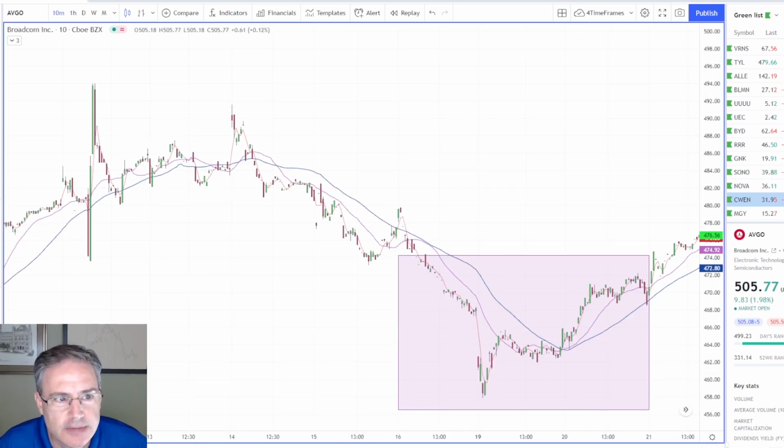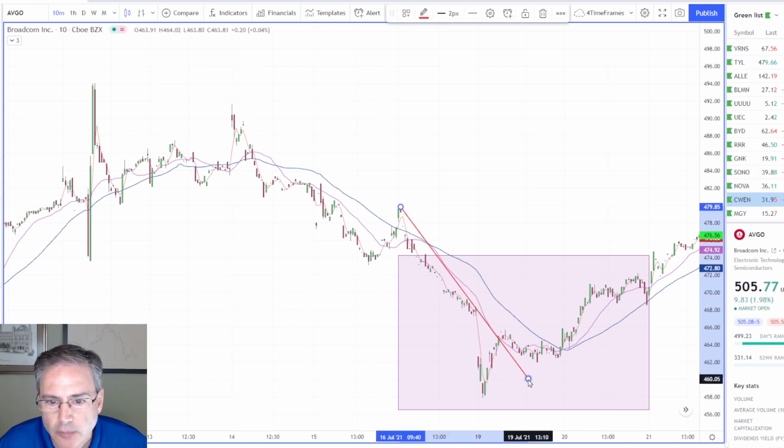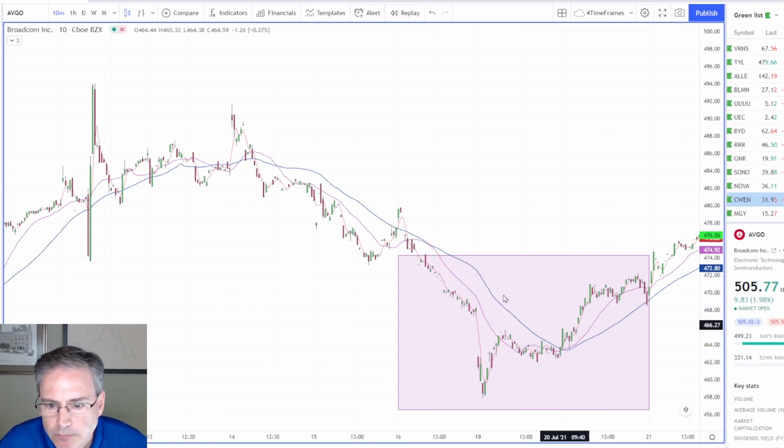Now, if you notice what the 10-minute did, at the bottom, we broke a trend line. Had the gap down that caused the trend line break, and then we rallied up, broke the trend line, came back down and tested the area, especially around the gap. And then on this green bar right here is where I would say that's the trigger bar.